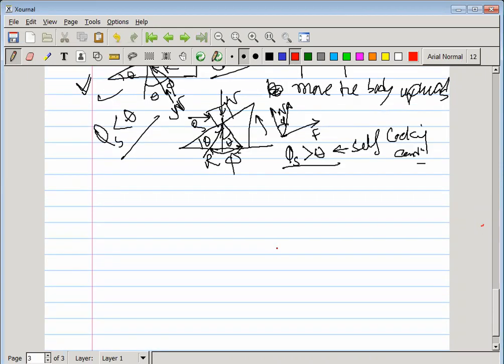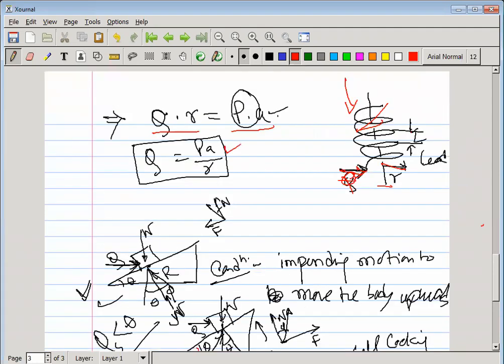The condition is very simple. This angle, theta, is nothing but this angle actually. If you consider the thread like that, right, those types of threads are there.